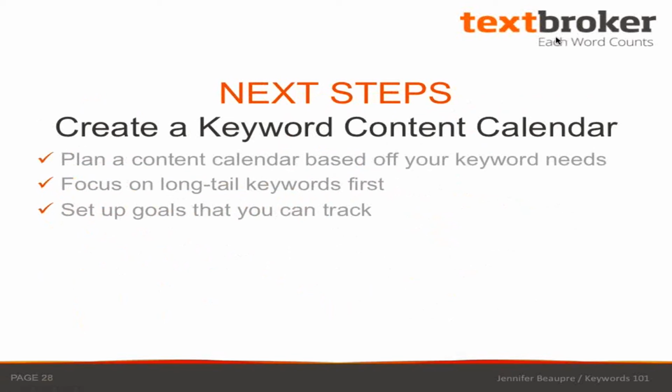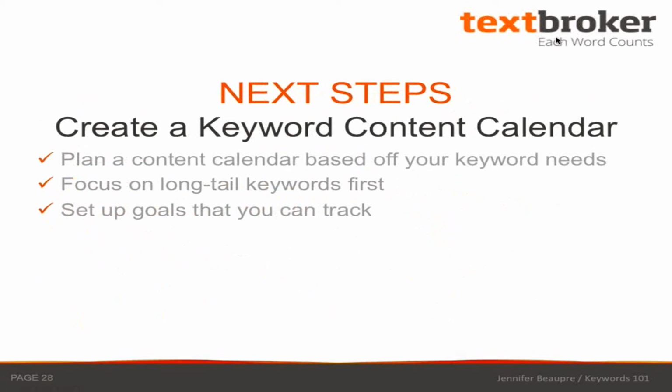So the next steps for you in building out your keyword strategy is to create a keyword content calendar. You can plan a content calendar based on your keyword needs. So you would create a list of your keywords, focus on your long tail keywords, and then set up goals that you can track. So you want to differentiate. I've got these top keywords.